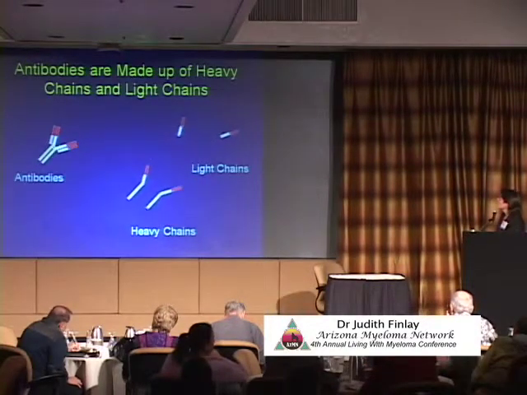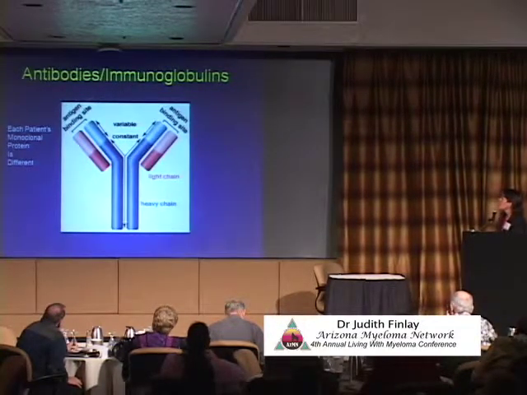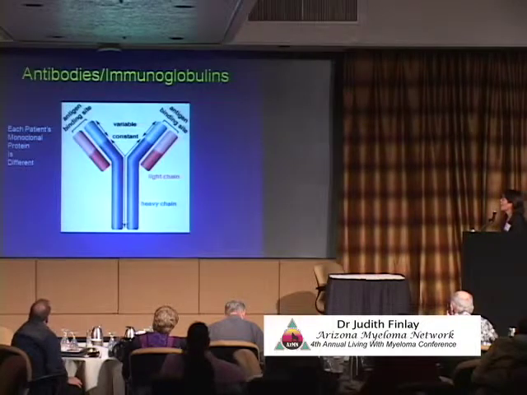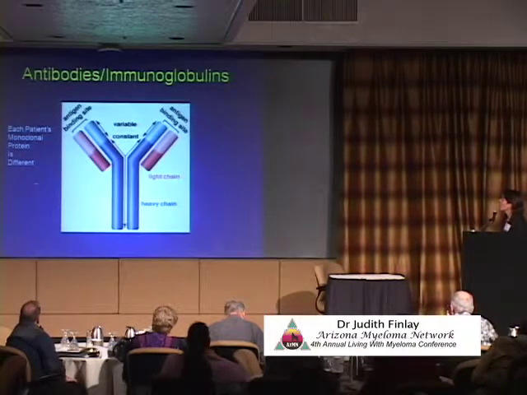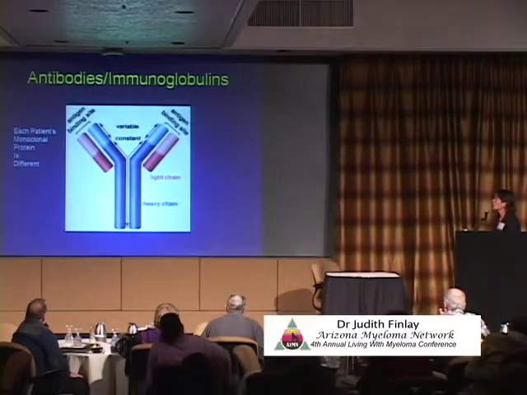So antibodies are made up of heavy chains and light chains, as you can see. And this slide shows the antibodies, also called immunoglobulins. This is the structure, the heavy chain and the light chain. An important thing to remember is this whole part here is called the constant region. It's virtually the same in all the antibodies.